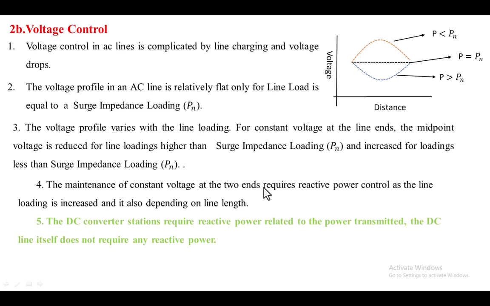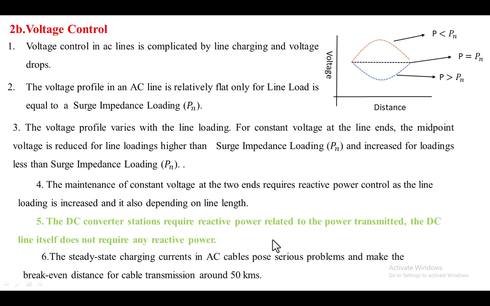So in case of an AC transmission system, the line requires reactive power to transmit power. But in case of a DC transmission system, it does not require any reactive power to transmit power.